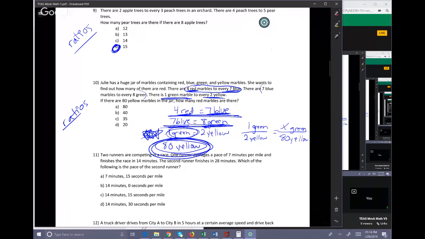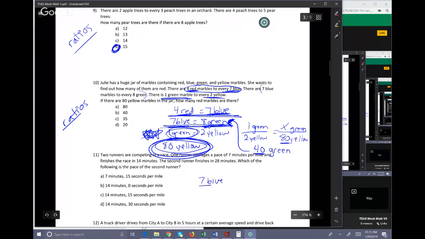It doesn't actually matter as long as you have both greens in one place and both yellows in one place. So then when I go to solve this, I end up with 40 green. So if the relationship between green and yellow is 1 to 2, then if I had 80 yellow, I would have 40 green.